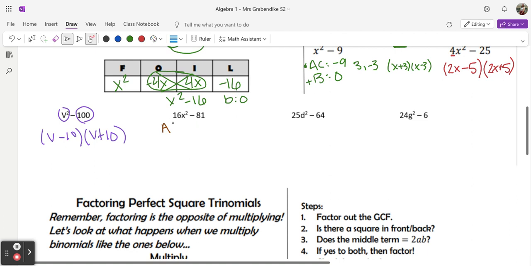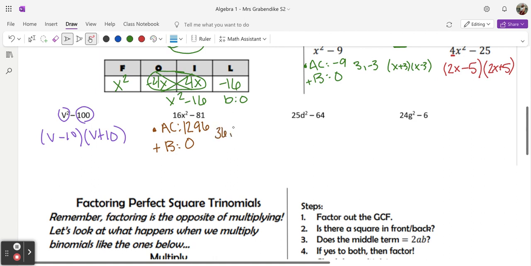So if I have here my AC is 81 times 16. Sorry, I'll pull my calculator. 81 times 16. 1,296. See, this is why sometimes this trick is better. So B is 0. So I'm looking for two numbers that multiply to 1,296 and add to 0. Let's try dividing it by. Oh, I happened to get it on the first try.